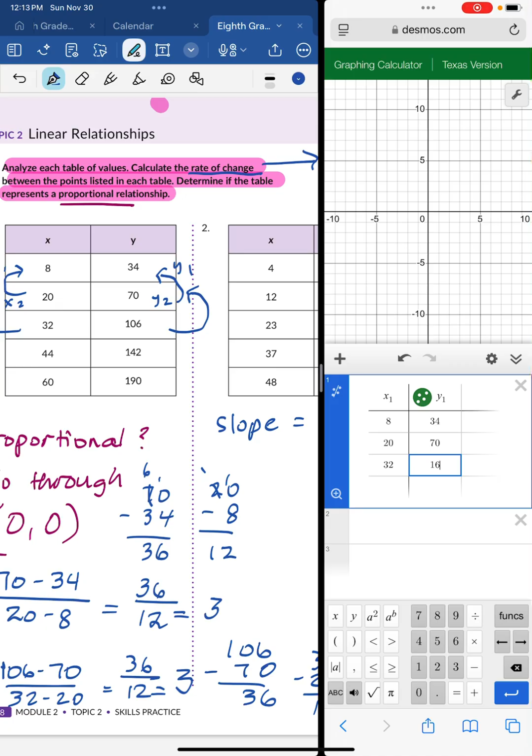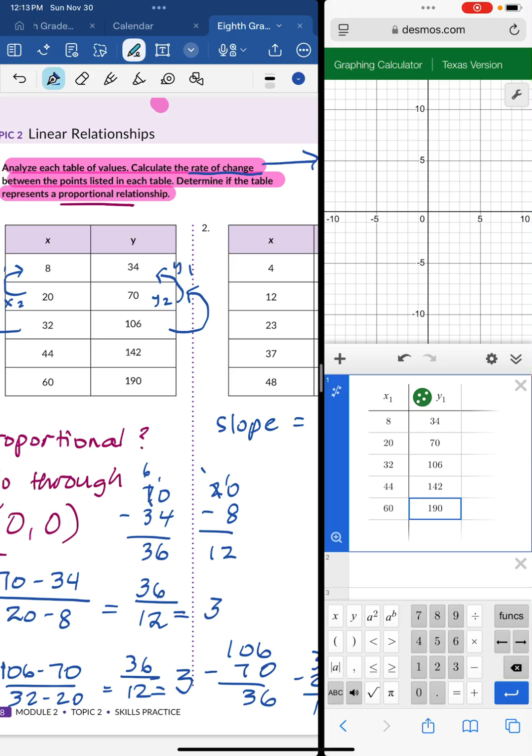Sorry, I'm trying to get that to go backwards. Okay, 32 and 106, 44 and 142, 60 and 190.